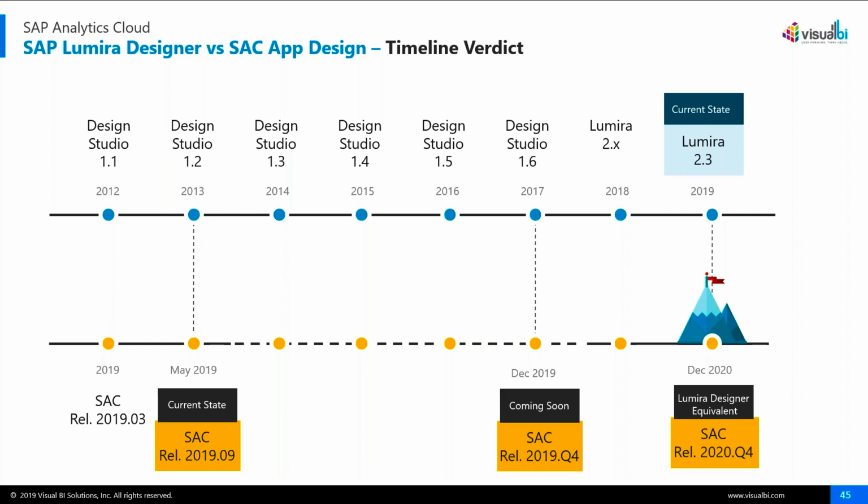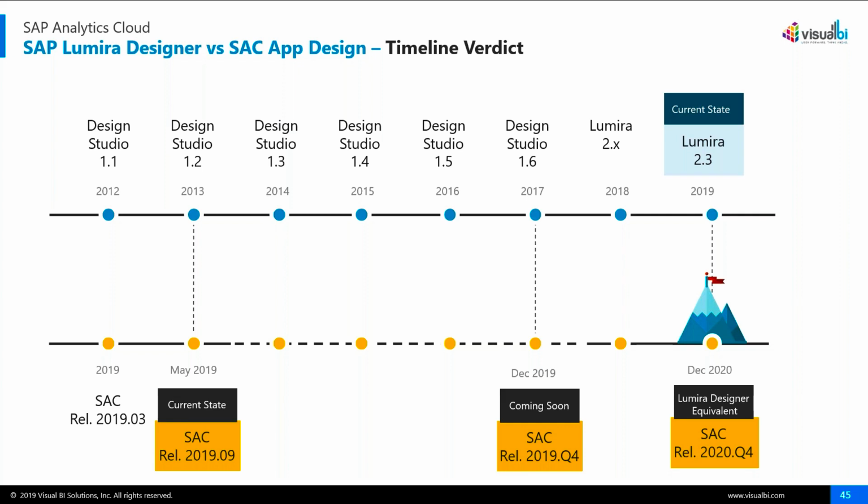During Q4 or early Q1 of 2020, we are going to have a lot more features integrated with SAP Analytics Cloud, which is going to take it to the level of Design Studio 1.6. Design Studio 1.6 is one of the most stable and robust versions of Lumira Design Studio, which lets you build a lot of analytical applications with a lot of features, right? Now we have it as Lumira Designer, and Lumira 2.3 is the current state.